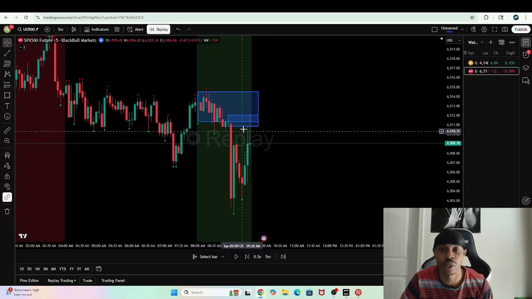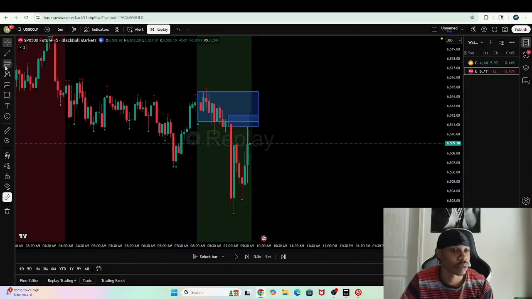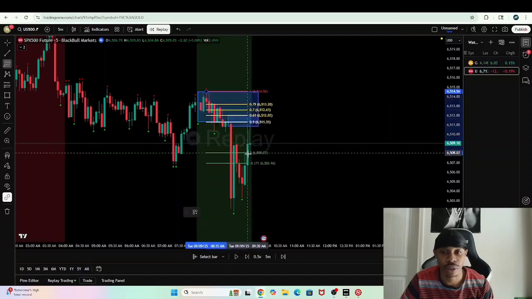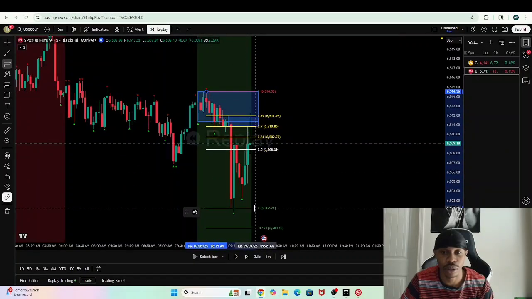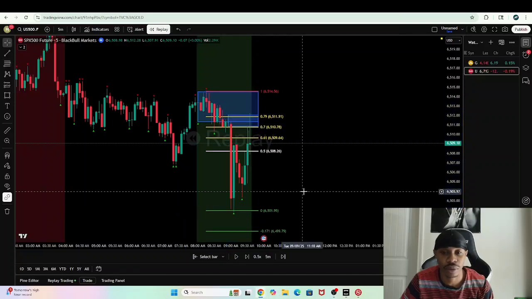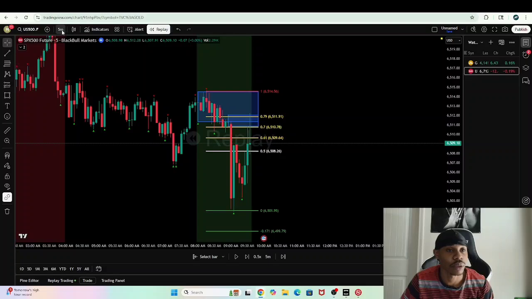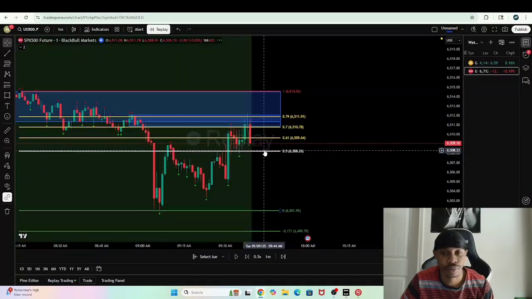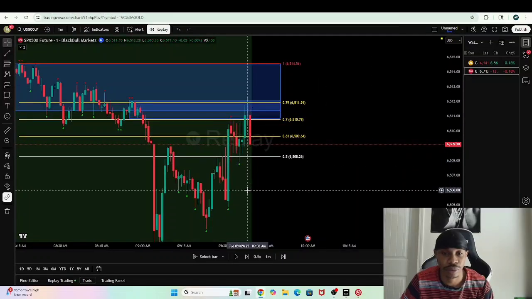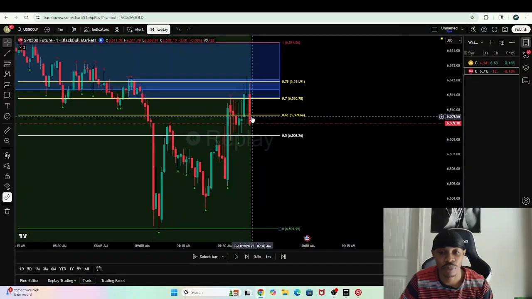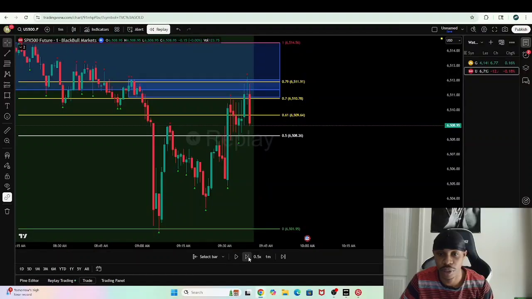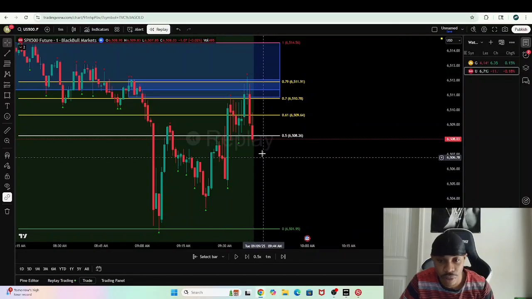Okay, this is way better. Now, draw my Fibonacci from the highest point to the lowest point. Now we'll go down to the 1-minute. Alright, so now I'll be waiting for price to at least come outside this 0.5 before I can even think about taking a trade.